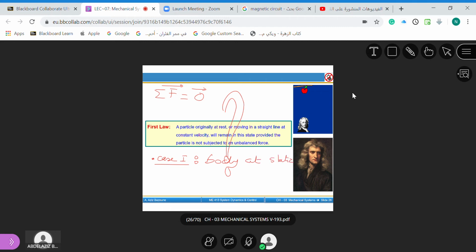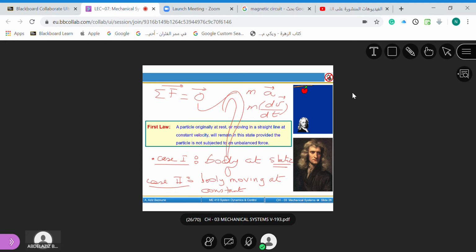Or if you interpret this, this is m times acceleration, or m times dv over dt. The acceleration is the rate of change of the velocity with respect to time. So either the body is at static, or case two, can somebody predict what will be case two? Moving at constant velocity.